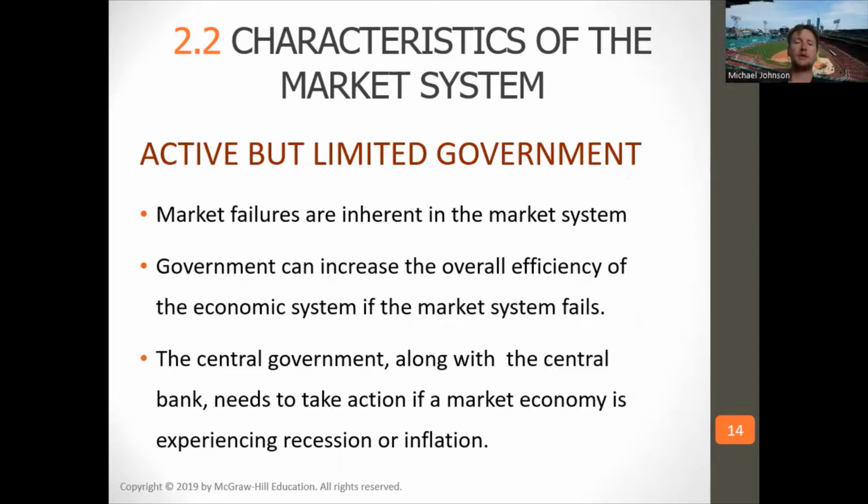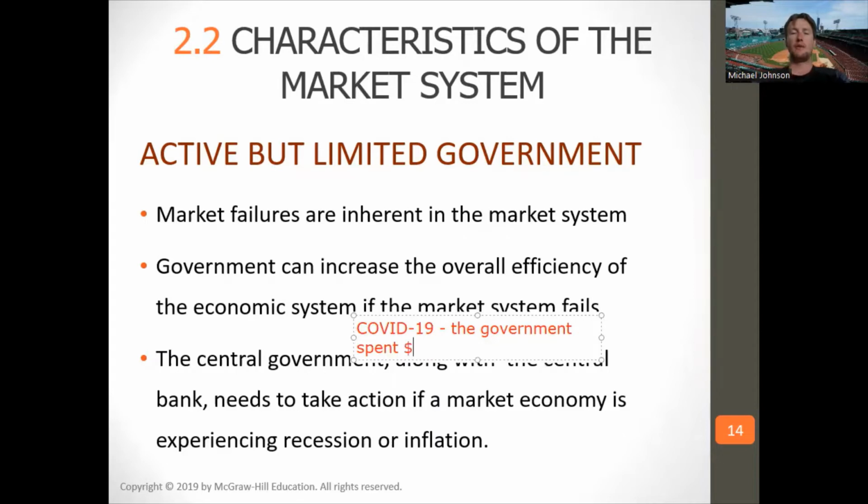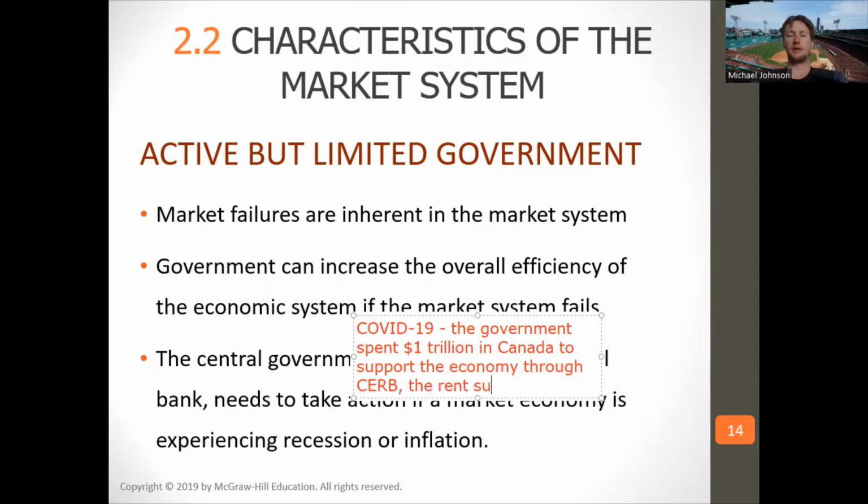During COVID-19, the government spent about $1 trillion in Canada to support the economy through CERB, the rent subsidy, and other programs.